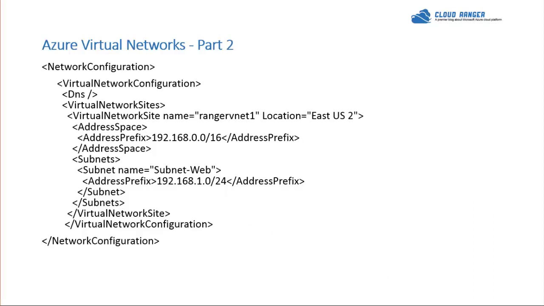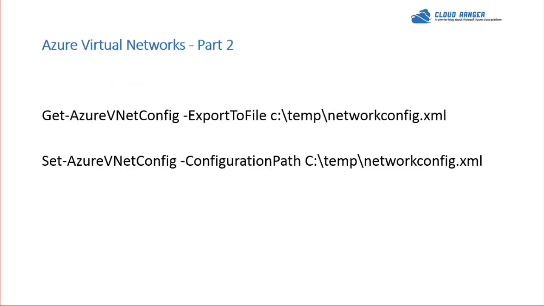So let's look at the two commandlets. The first one we actually looked at was the export to file. The next one I'm going to show you is the importing of that file, and we are going to go through a demonstration of this right now.